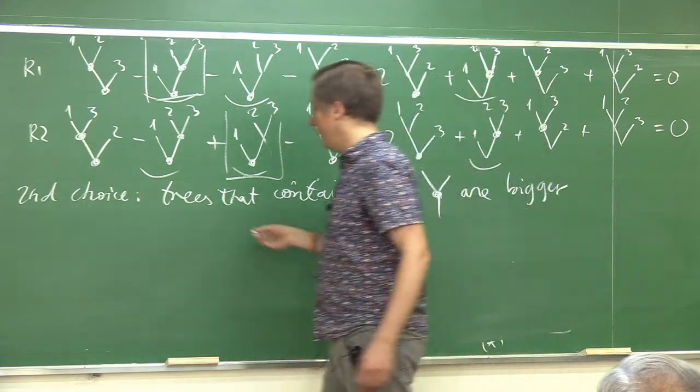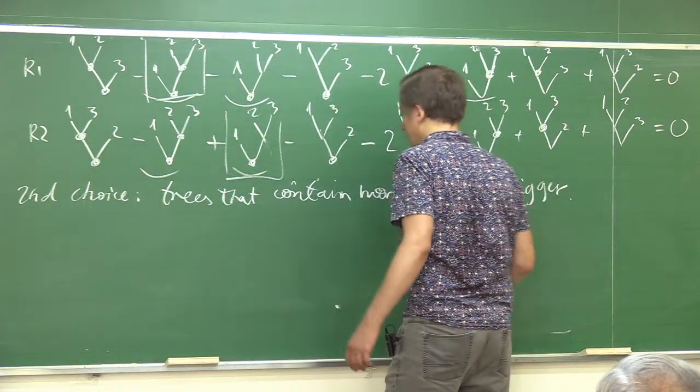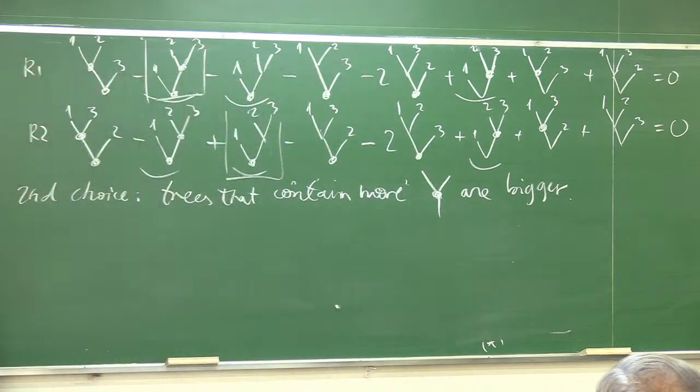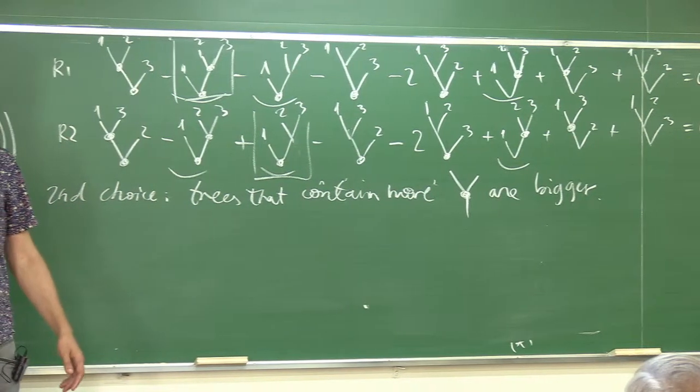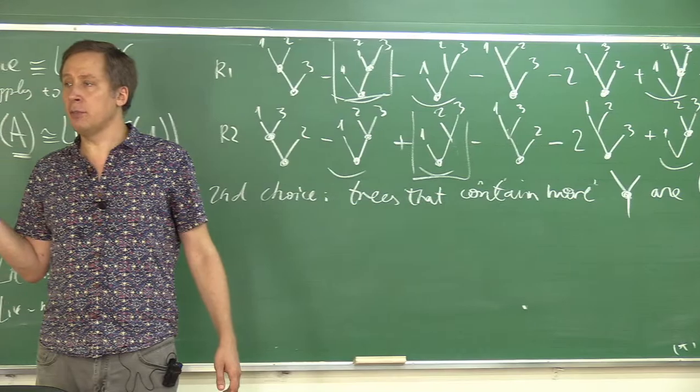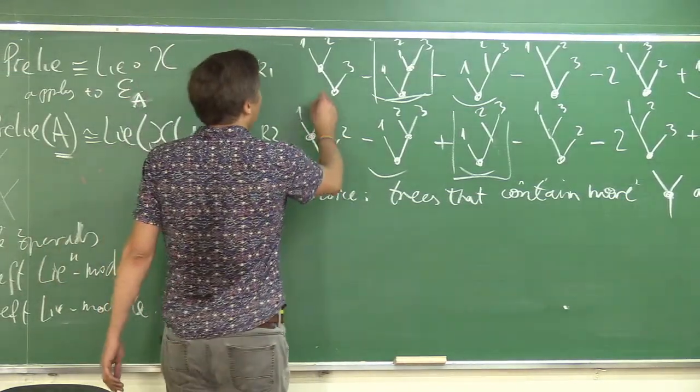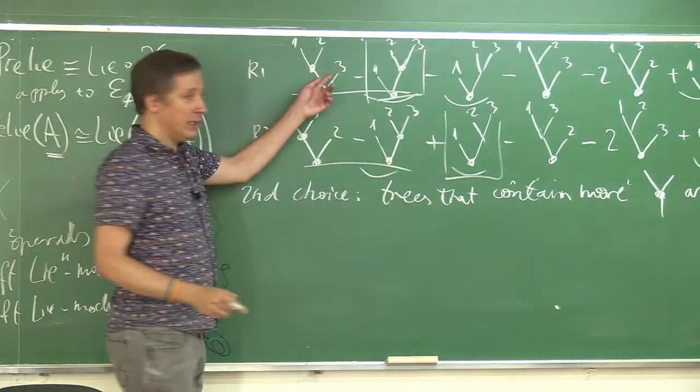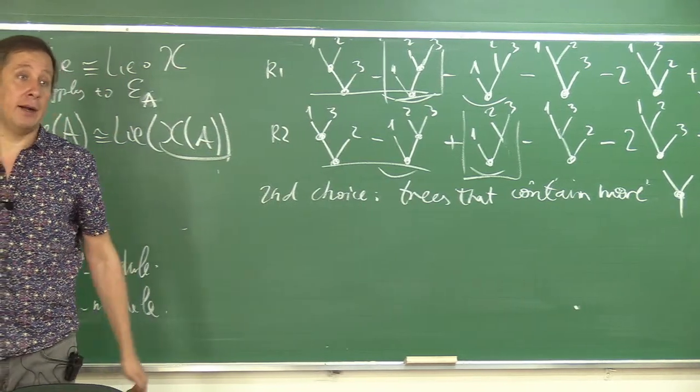And among them, well, okay, in the Jacobi identity, all trees contain zero symmetrized products, so we still need to choose the leading term somehow. But here, the trees with the maximum number of symmetrized products are these.